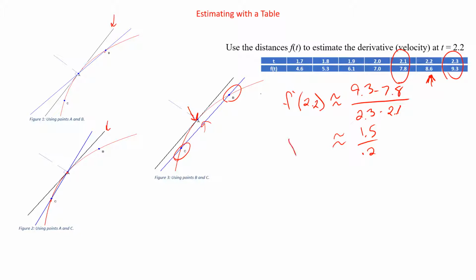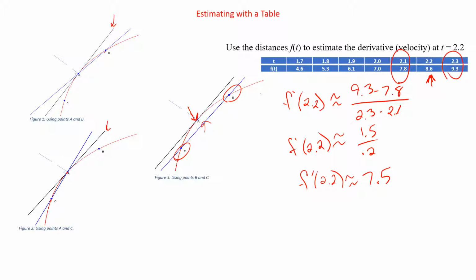And then 1.5 divided by 0.2 is going to be about 7.5. So f prime of 2.2 is about 7.5, then add units. It doesn't tell us what it is, but like feet per second.